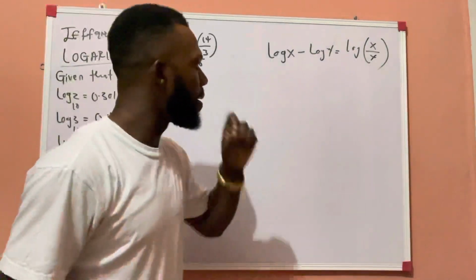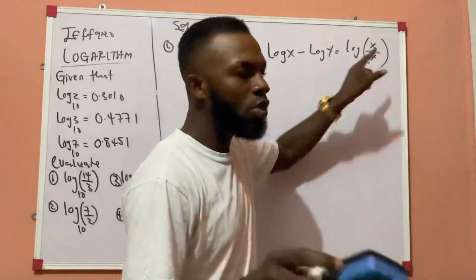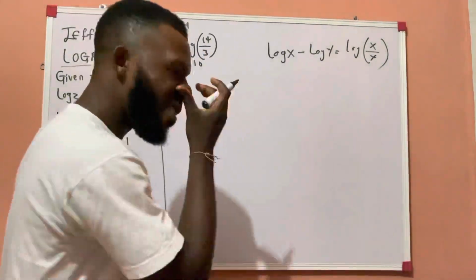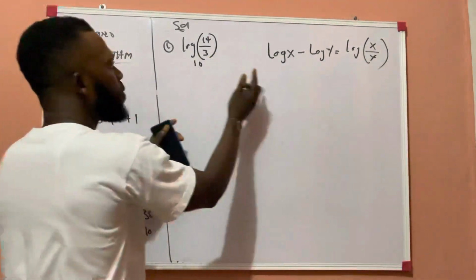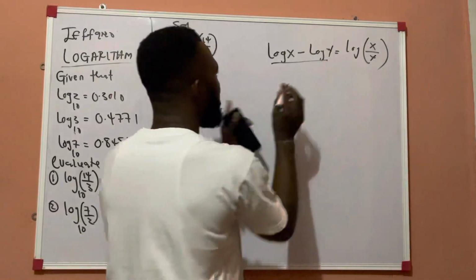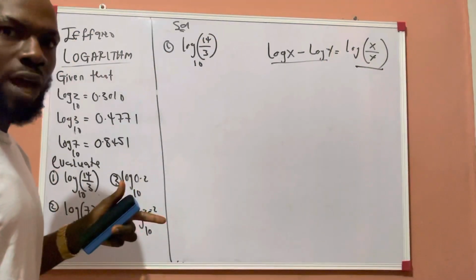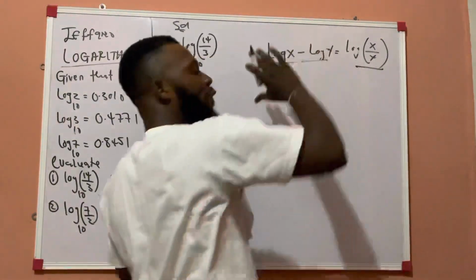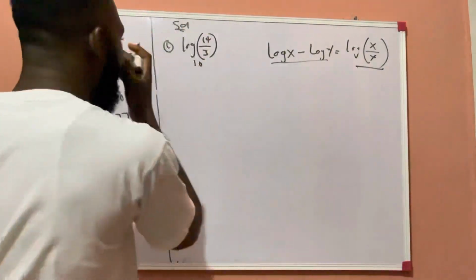It means that log x over y is also the same thing as log x minus log y. If we follow this procedure, you will notice that this question did not take the first format. Rather, the question took the second format. So what do we have to do now? We have to bring back this second format to the first format. And how can we do it? It's by expanding.